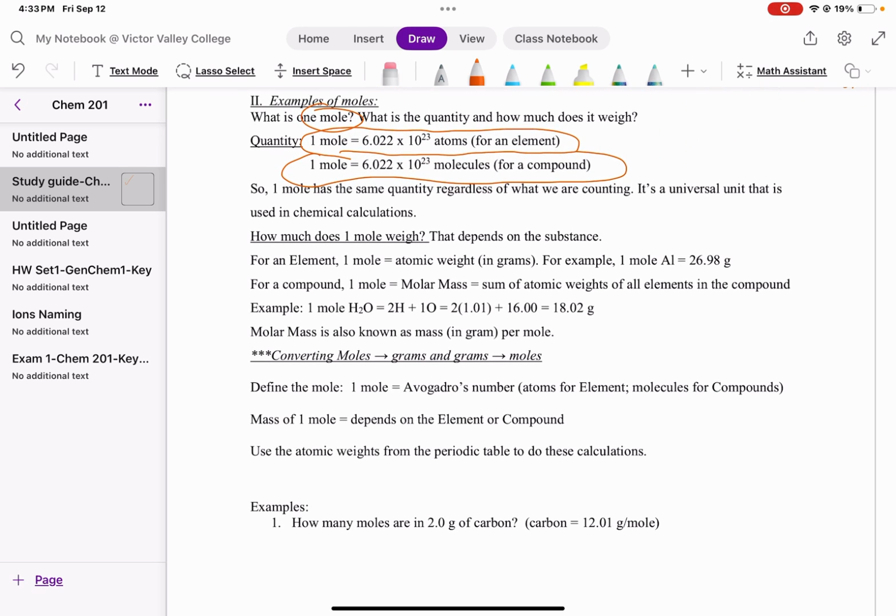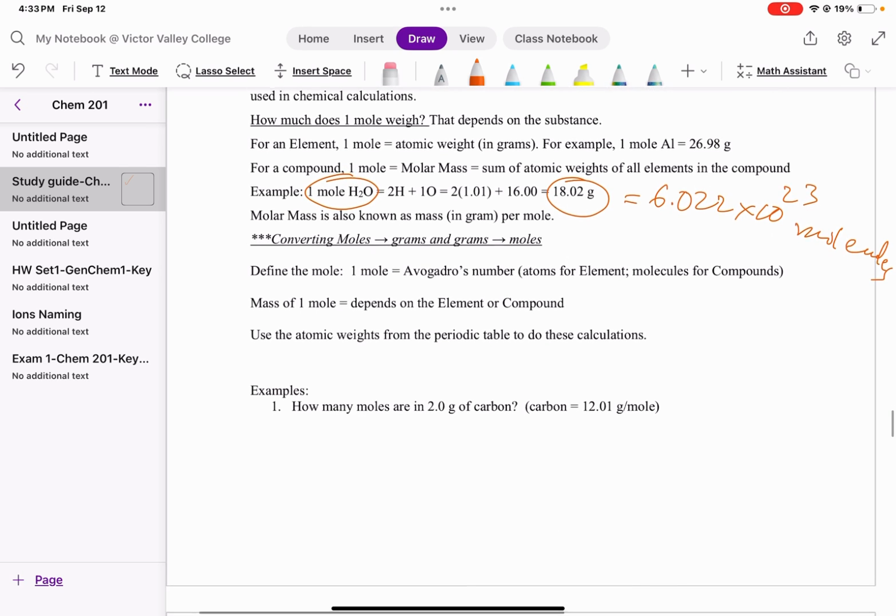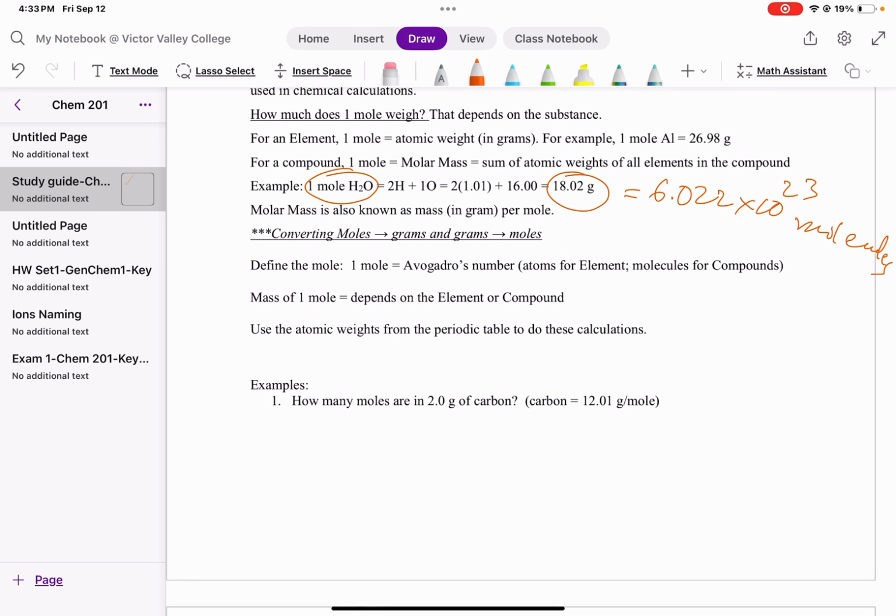You have 1 mole of water. That's going to be 18 grams. And 1 mole of water is also equal to 6.022 times 10 to the 23 power molecules. All right. So keep that in mind. That is known as Avogadro's number.